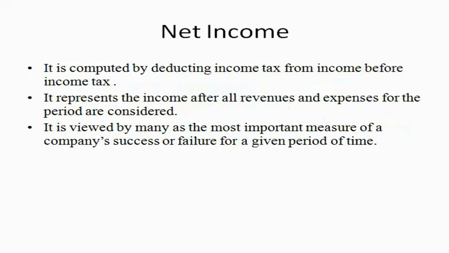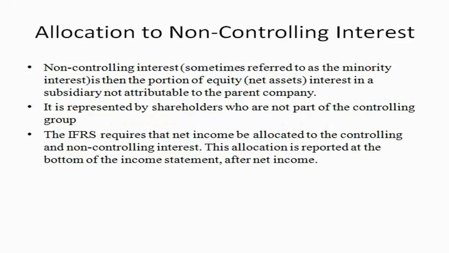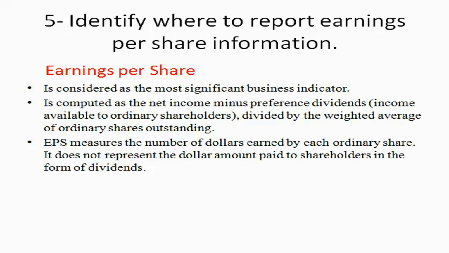Then we got the net income, which we said is the income before income tax minus the income tax, and we agreed that it is viewed by most users as an important matter of the company. Then we got what non-controlling interest is and how we must allocate income to non-controlling interest like the controlling part.